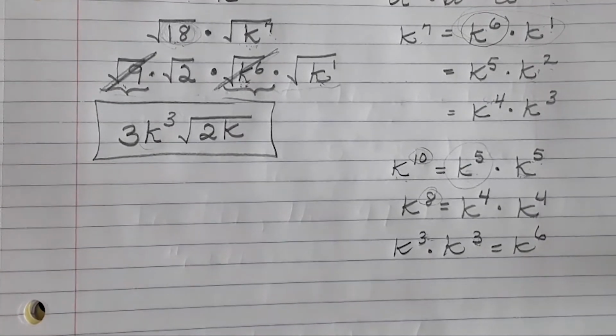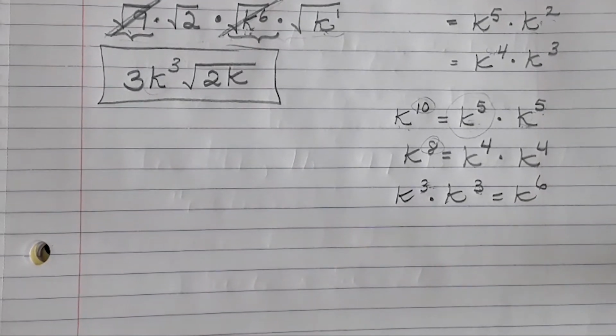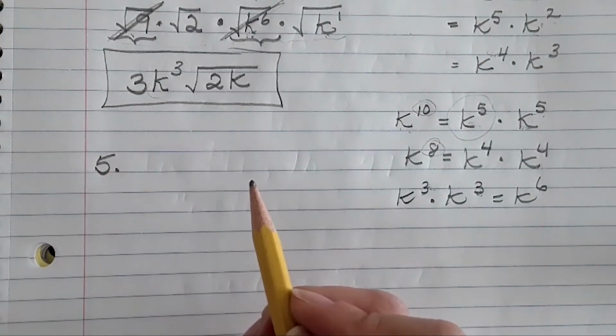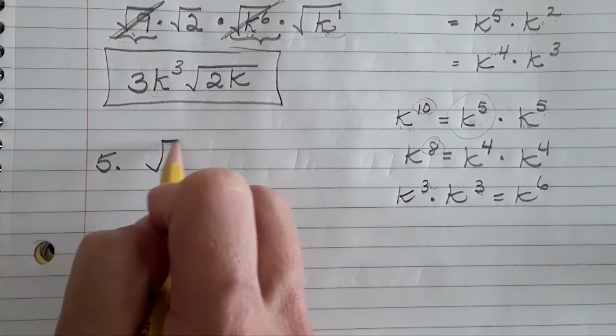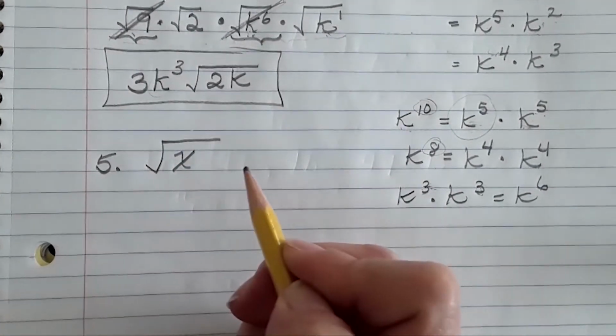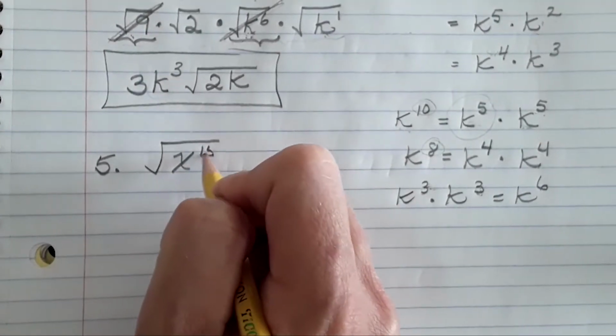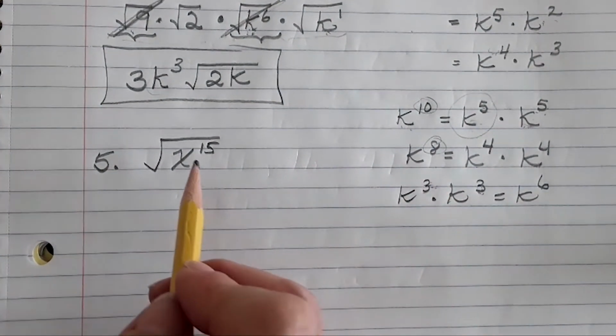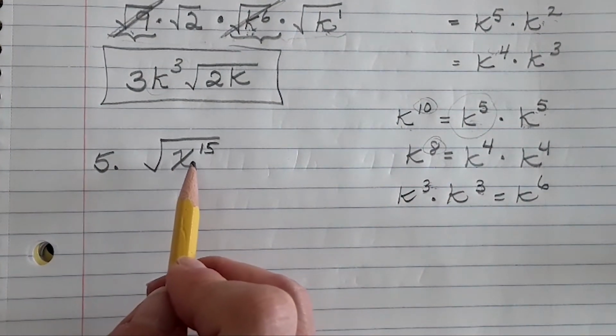So if you wanted practice breaking down another radical, I can do a quick problem here just with a radical. Let's say we want to simplify the square root of x to the 15th power. Okay, so what you need to do is break that x down.